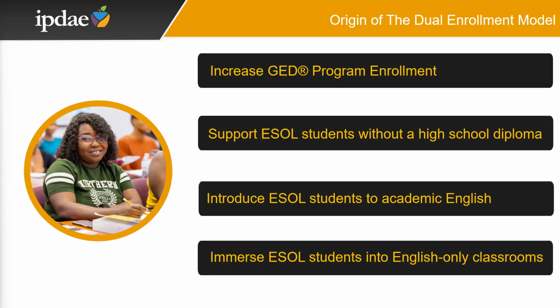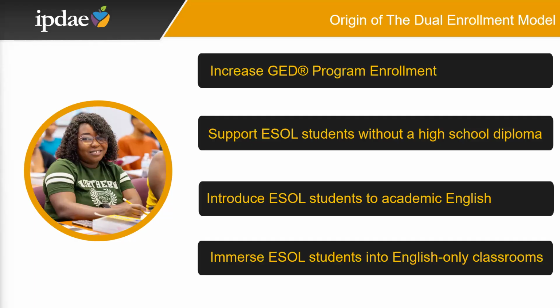Okay, so I'm just curious, we're going to share a poll here, which is multiple choice. Which of these aspects that I just spoke about would benefit your program the most? Do you need an increase in GED enrollments?